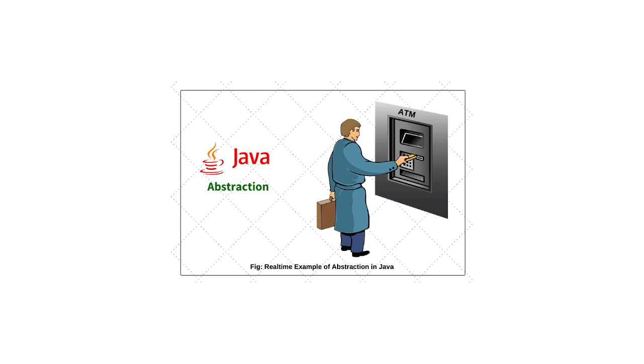We know only that if we insert our card, provide our pin and choose this option, then we will be able to successfully withdraw the amount if the account has the balance we want to withdraw.